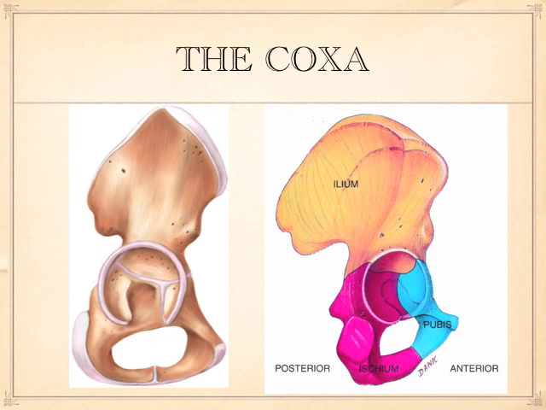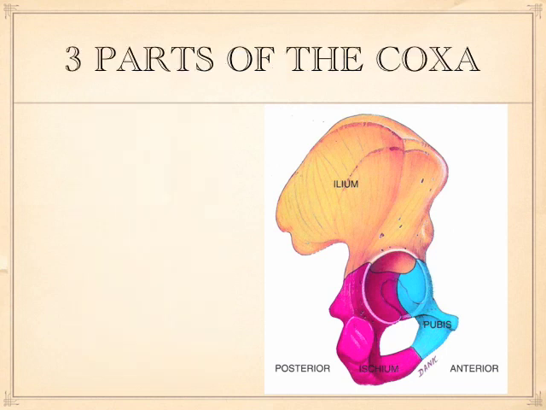This picture right here color codes the three pieces. And so right away, you want to be able to name the three pieces that you see here. There's three parts of the coxa. Okay? The upper part, the big flat part up here, is called the ilium.